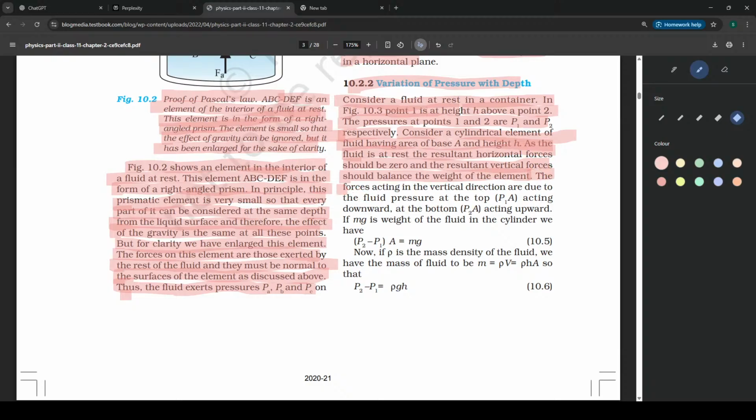The forces acting in the vertical direction are due to the fluid pressure at the top, that is P1A, acting downward, and at the bottom, P2A, acting upward. If mg is the weight of the fluid in the cylinder, we have (P2 minus P1)A equals mg.